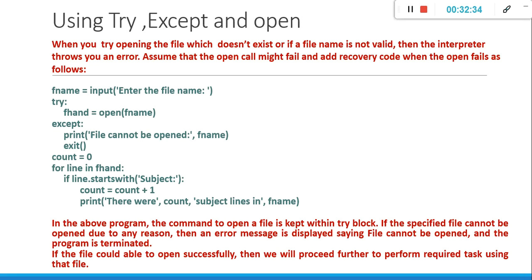So again, we had already learned the concept of try and except. Whenever you are trying to open a specific file, if that file cannot be opened or does not exist, then you have to catch that exception, give a proper message and exit in a normal way.